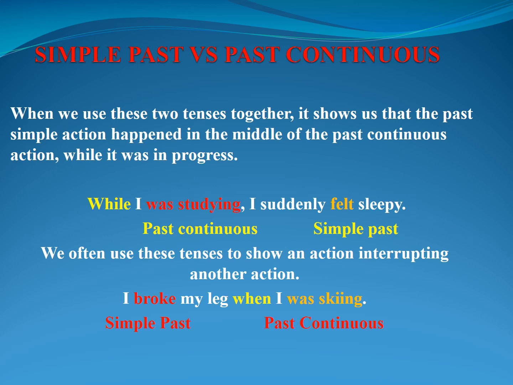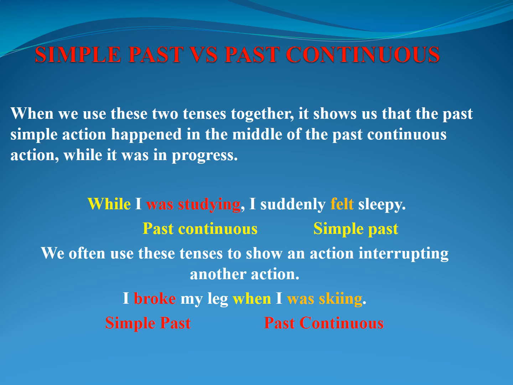We often use these tenses to show an action interrupting another action. I broke my leg when I was skiing. So I was skiing first, then I broke my leg. I couldn't finish practicing my skiing because I broke my leg.